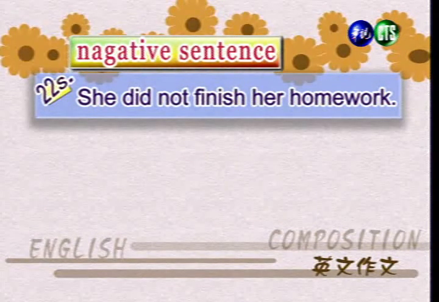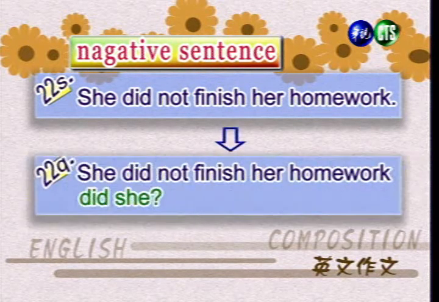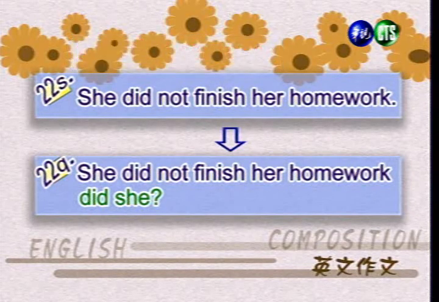So this is a negative sentence, so we must add a positive tag to make a question. And so here's our question: She did not finish her homework, did she?